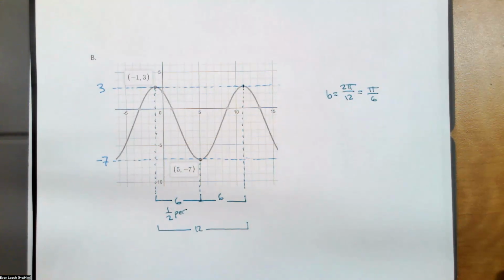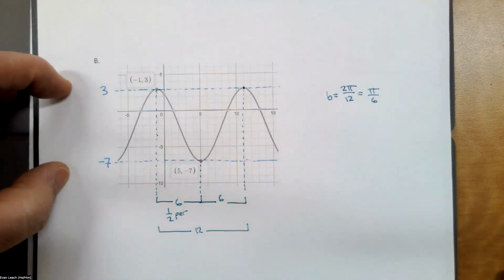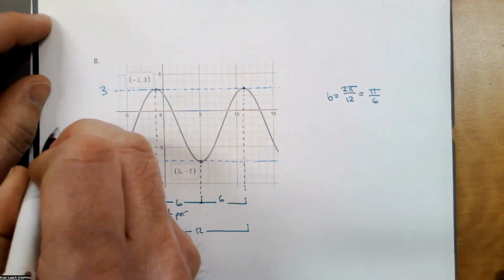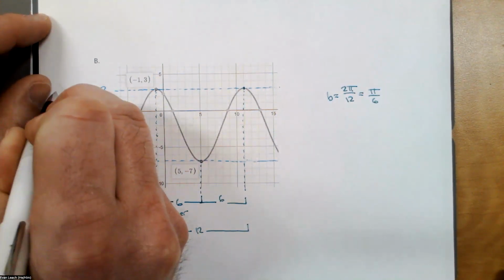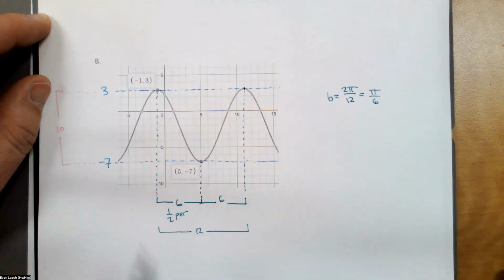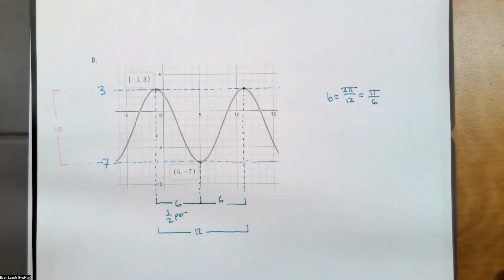The middle's not at 0. The middle is halfway between 3 and -7. So the total distance from 3 to -7 is 10. So the distance that we want, half of that, the amplitude is 5.